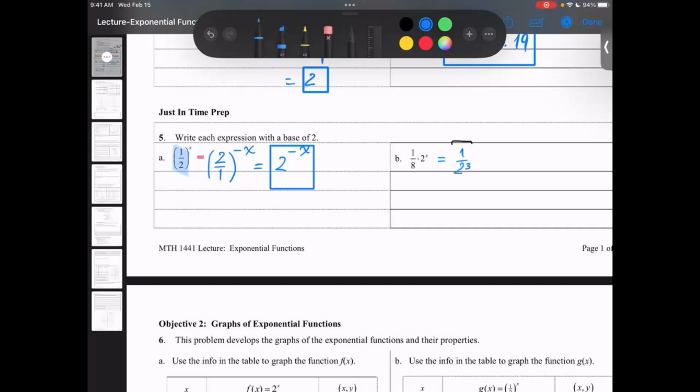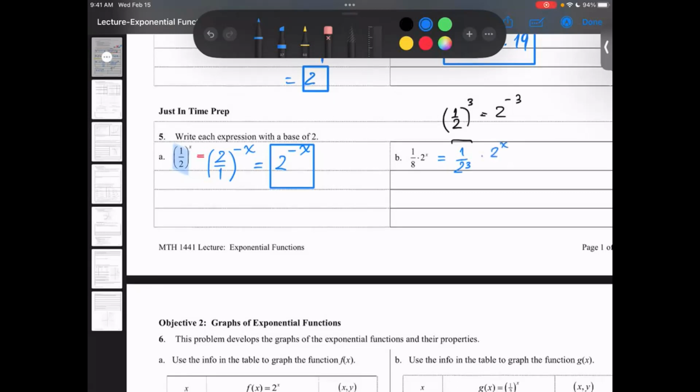You agree? 1 over 2 cubed is the same thing as 1/2, all of that cubed. And we need to convert 1/2 into base 2, so 2 to the negative 3, times 2 to the x. So this equals 2 to the negative 3 times 2 to the x.